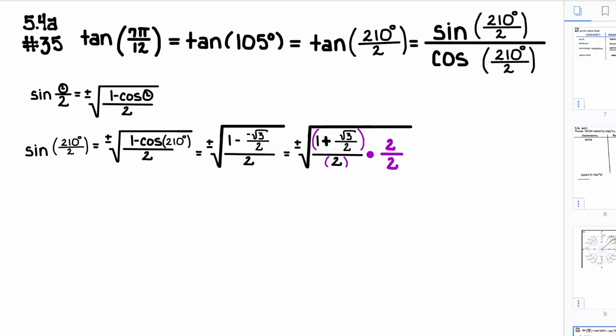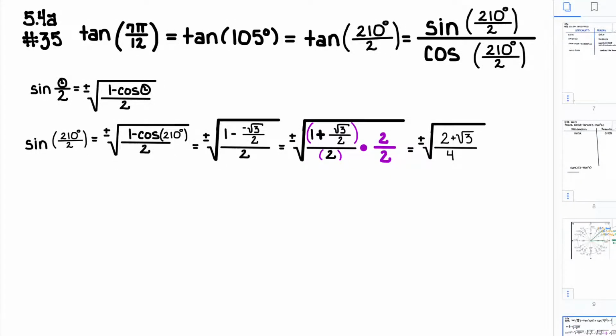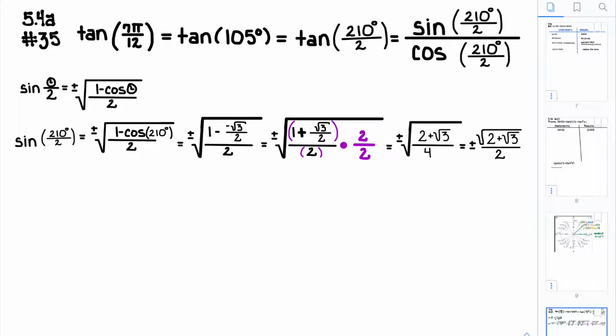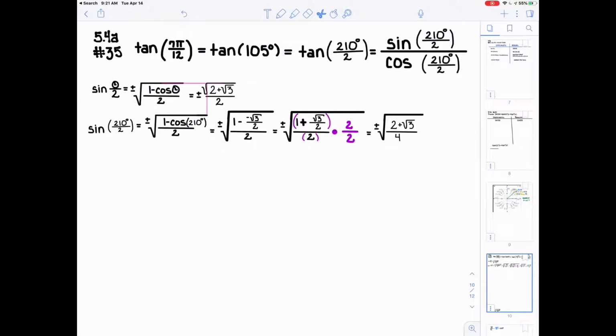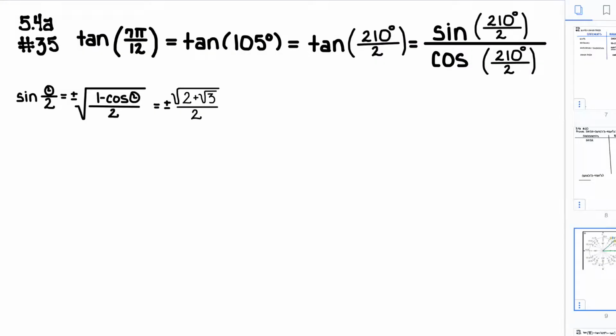Distributing 2 through the numerator and distributing 2 through the denominator, we get this. The square root of a fraction is the same thing as the square root of the numerator over the square root of the denominator. So we have plus or minus the square root of the numerator, and the square root of the denominator is 2.